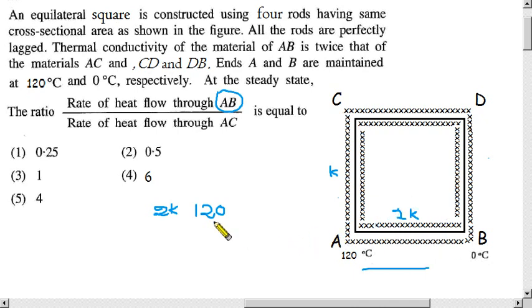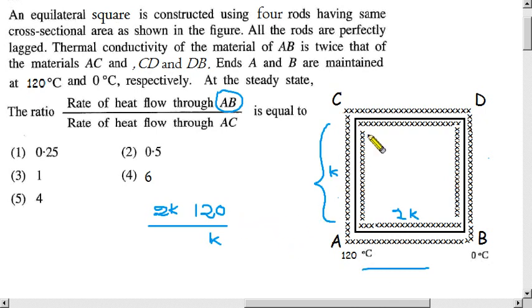We are writing this numerator and dividing by the numerator of this one, this rod. So here we have to write K and the temperature difference. What is the temperature difference between these two ends? It was easier here, 120 and 0, we just subtract and get the value 120.